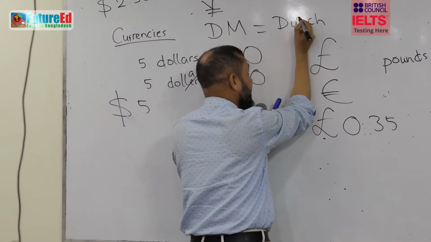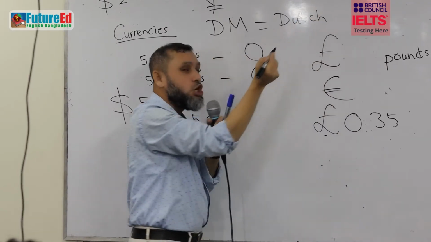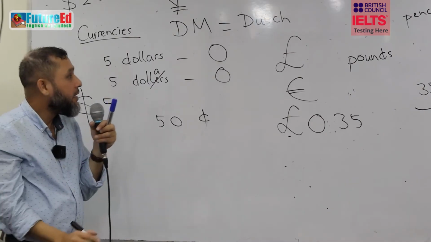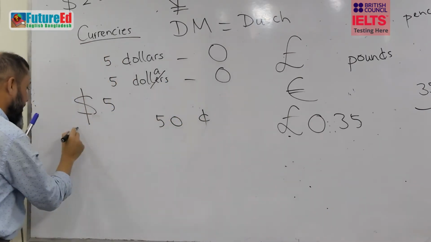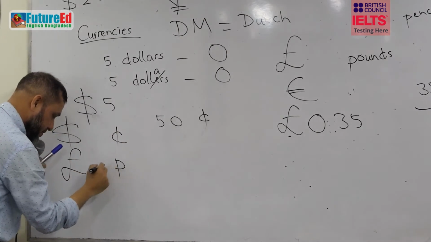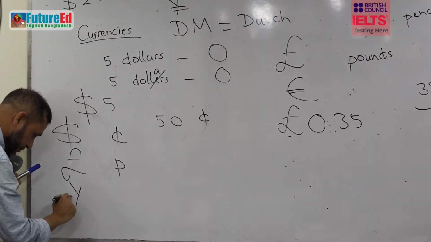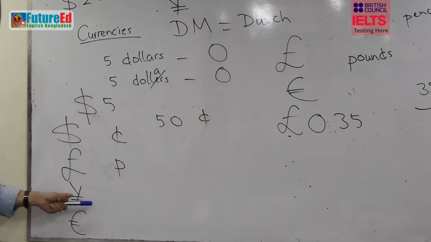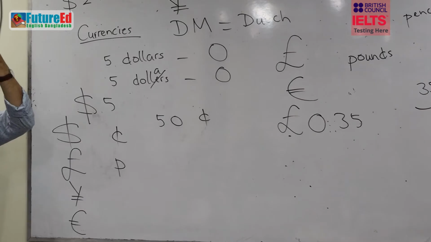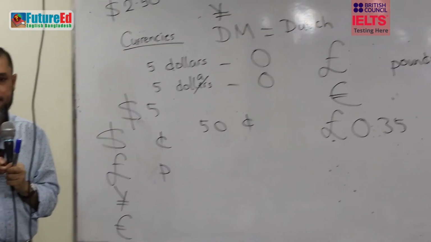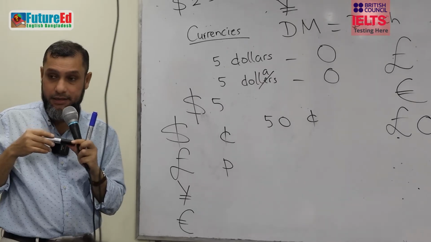So these are the common IELTS currencies: dollars, cents, pounds, pence, yen, euros. For these, don't use their fraction symbols, just use the decimal point. I hope you can remember that, right?